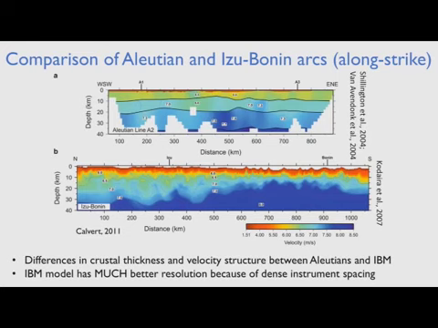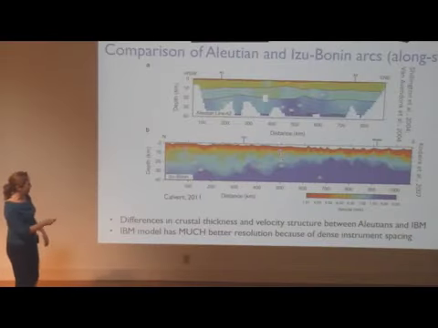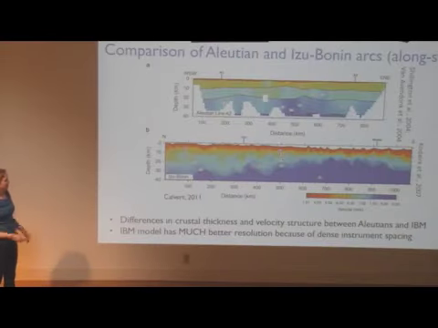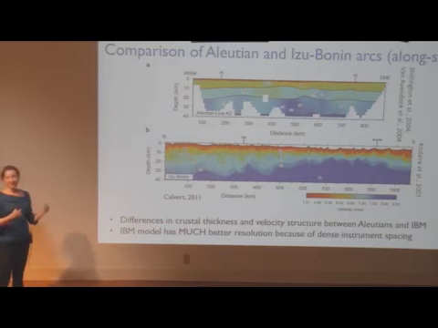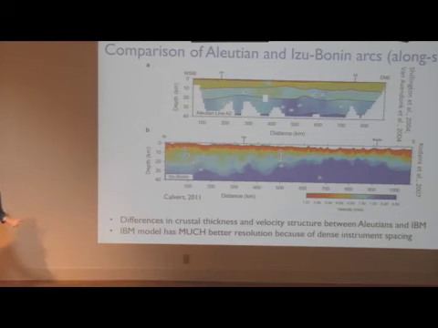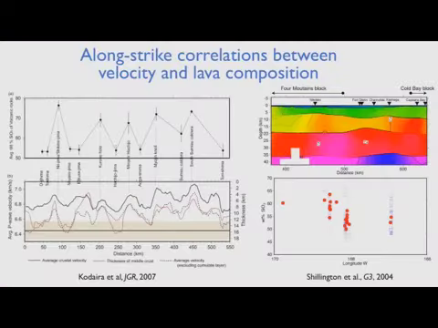We see changes in thickness, both of course along this arc, but between the Aleutians and IBM, the Aleutians are a little bit thicker. And so I think that this image is a real call to action for us to see if there's similar things going on in other island arcs. And so the cool thing that they were able to do, and we were able to try to do in the Aleutians, is see how those variations in thickness and velocity structure of the crust relate to changes in the composition of magmas coming out the top.